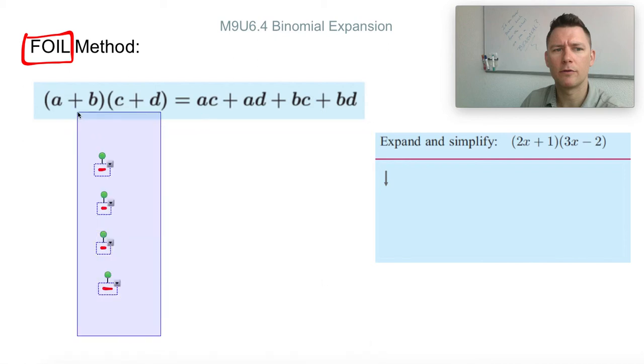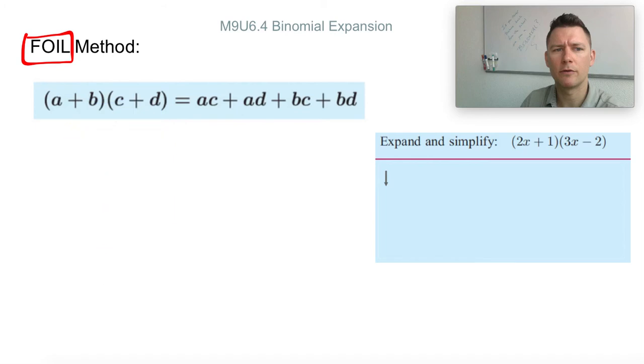But really it says, okay, take the first ones in the line, right? So this is the first in its packet, and this is the first in its packet. So here's the firsts, A and C. That's the F. The outermost ones, A and D, the outer.